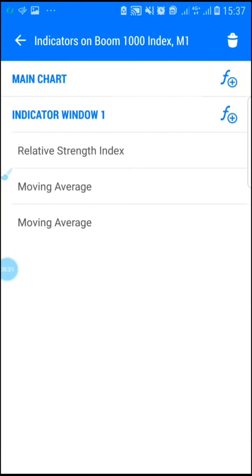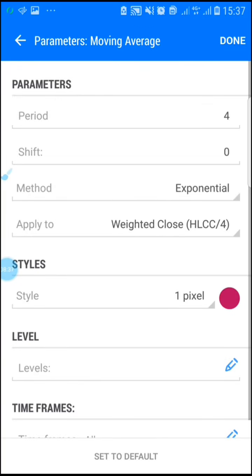Then the moving averages, these are the ones you want to set up. Your first moving average should be period 4, shift 0, method exponential, apply to weighted close, HLCC, stroke 4. Then for the style, you can pick a color that you want, and click done.